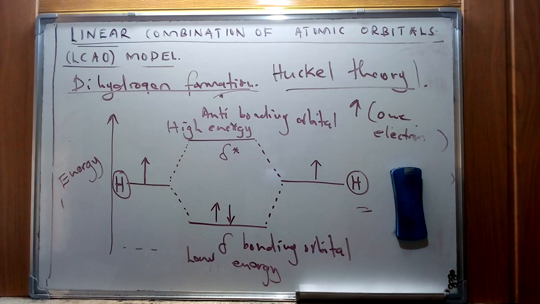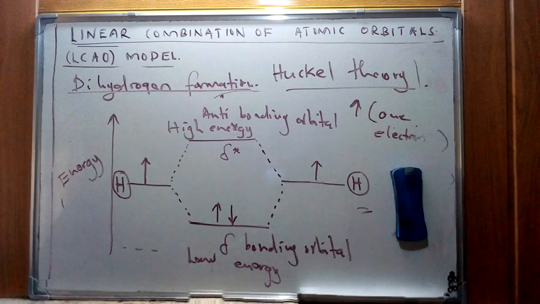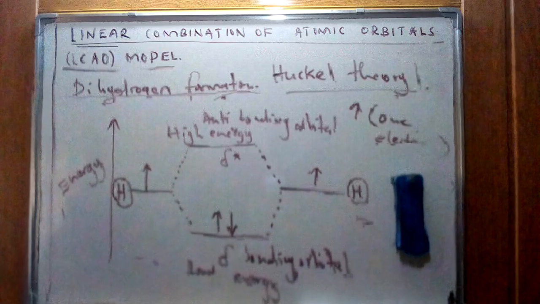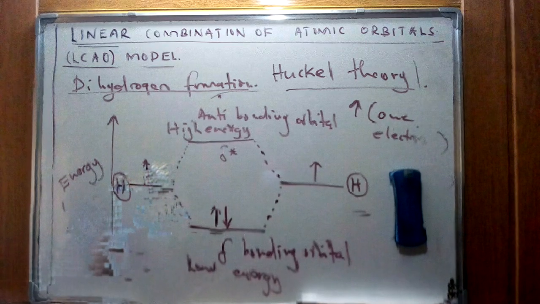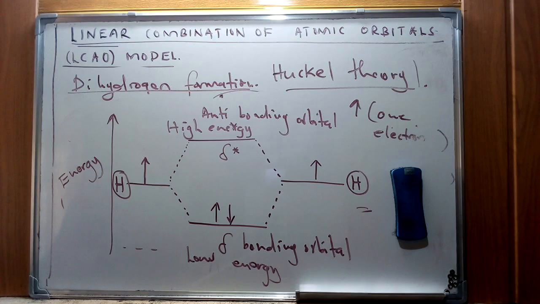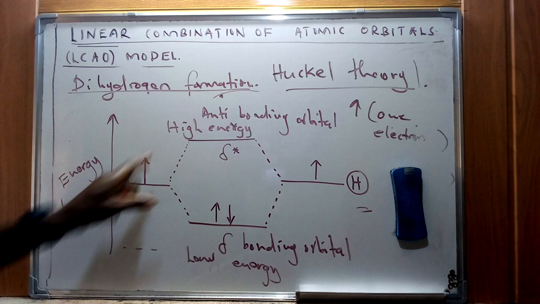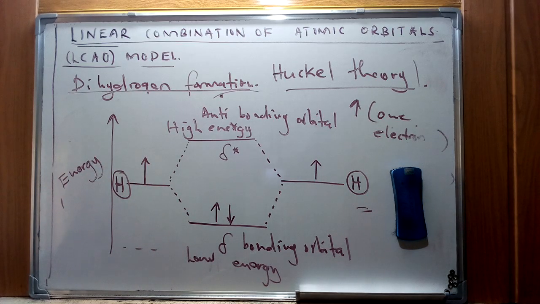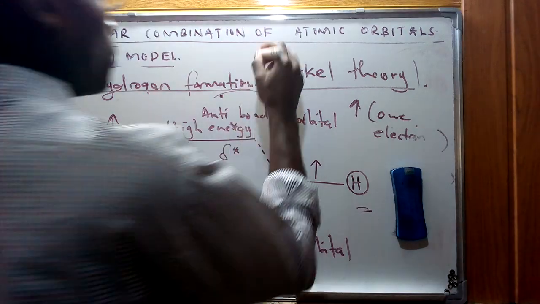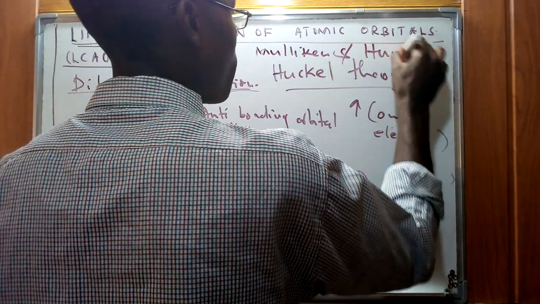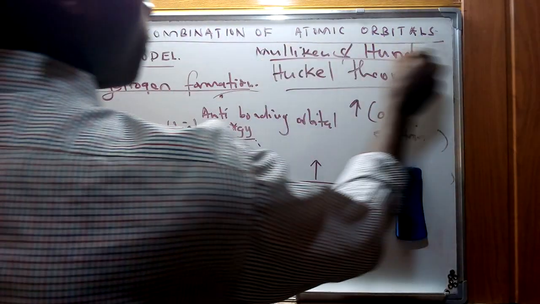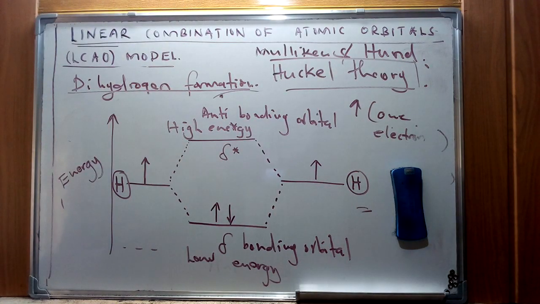As I had mentioned earlier, this was one of the models, an idea that came up in the 20th century, and this particular model is associated with others in trying to explain this concept. It originated from Robert Mulliken and Friedrich Hund, so this is the Mulliken and Hund explanation, who advanced this model in the 20th century.